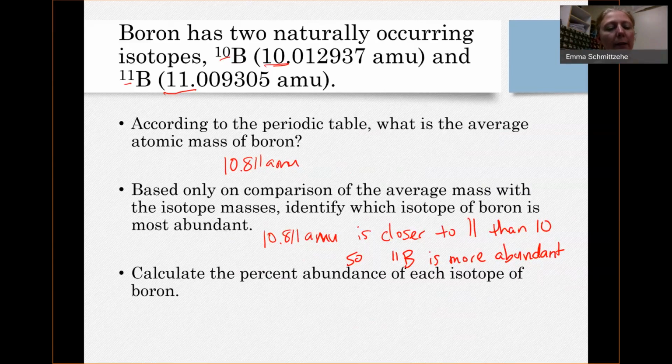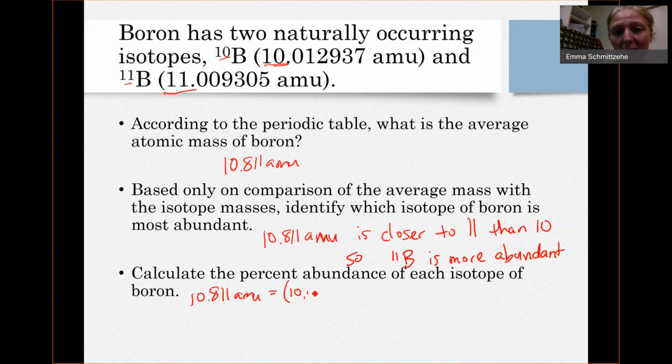Now, the last one I have here is calculate the percent abundance of each isotope of boron. Now this is kind of a tricky one. This is kind of a challenge one. But let's think about the information we have. We have the atomic masses of each isotope, and we have the average atomic mass. And we're looking for the percent abundances. So we have a relationship between all of that. The average atomic mass, 10.811 AMU, should be equal to the mass of each individual isotope times their percent.